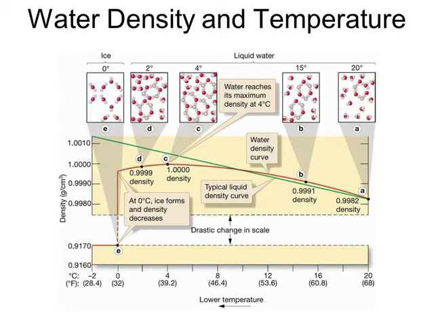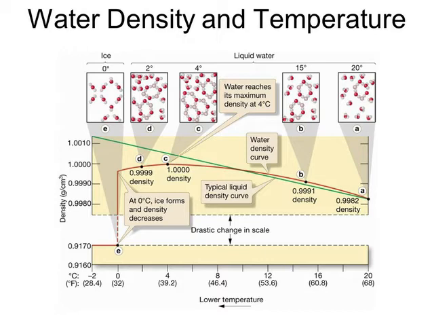Now let's look at this density and temperature chart. What's really interesting about water is you would think that solid would be the most dense out of the three phases. But in reality, it's liquid water that's the most dense. When we look at this density chart, you can see that gas is the least dense.